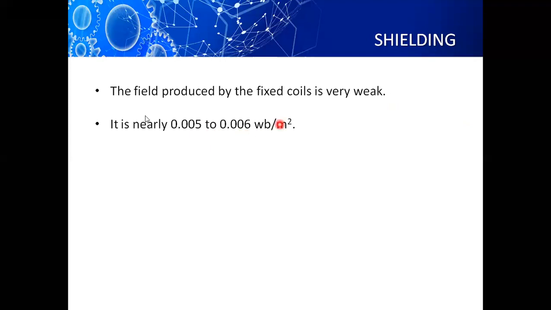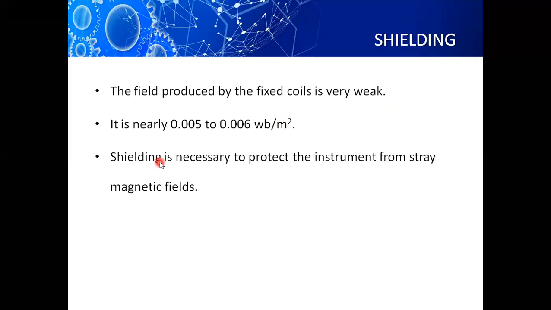So see, it's very weak, very less, and hence shielding is very necessary to protect the instrument from stray magnetic fields. When the magnetic field inside the meter itself is very weak, external magnetic fields can easily influence the working of the meter. Hence, shielding is very, very important for dynamometer type instruments to protect the instrument from stray magnetic fields or external magnetic fields.